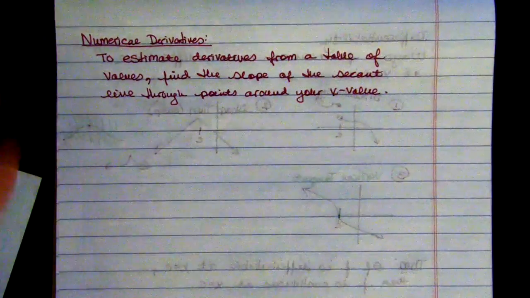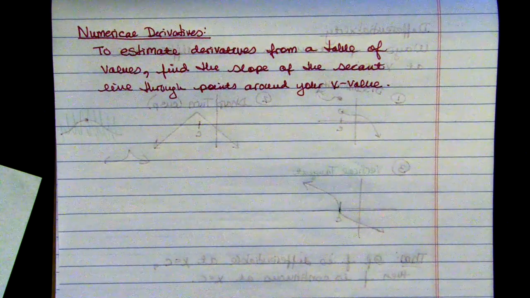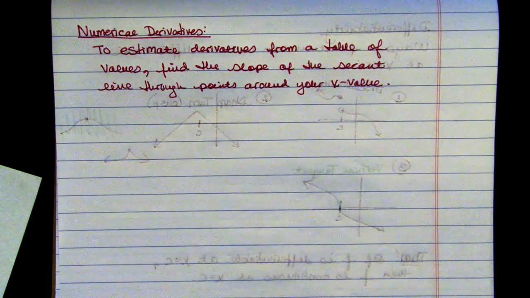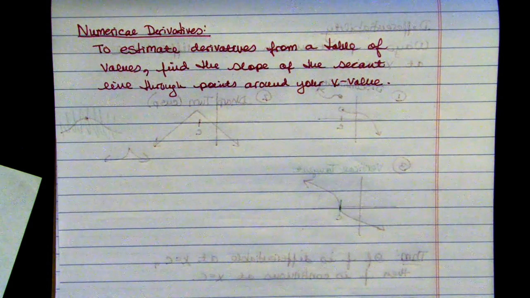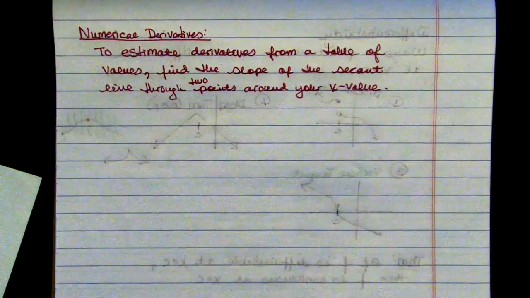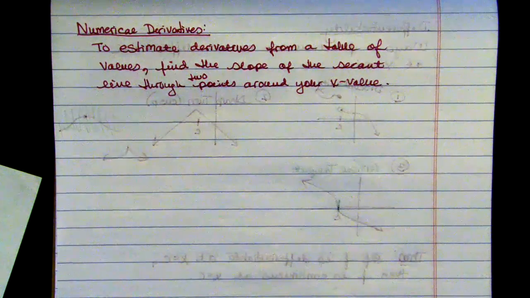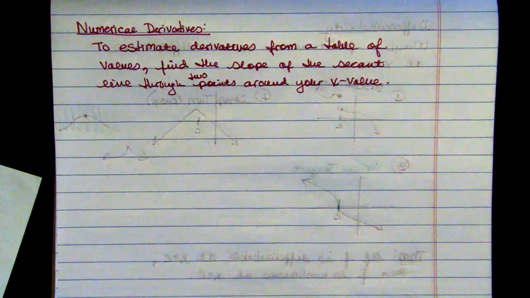To estimate derivatives from a table of values, we're going to find the slope of the secant line, the line through 2 points, well, around your x value. Actually, I shouldn't have said points, I should have said 2 points. To estimate derivatives from a table of values, find the slope of the secant line through 2 points around your x value.